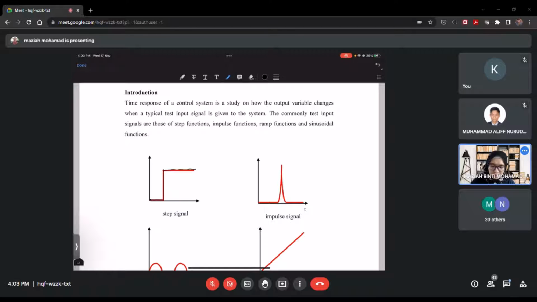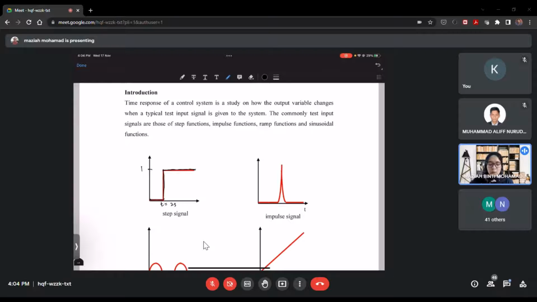Basically it starts with 0, and then at t equal to some time, let's say 2 seconds, the input signal changes to another value, let's say 1, and it stays at 1 until the end of time, until infinity. So this kind of input is what we call step input.